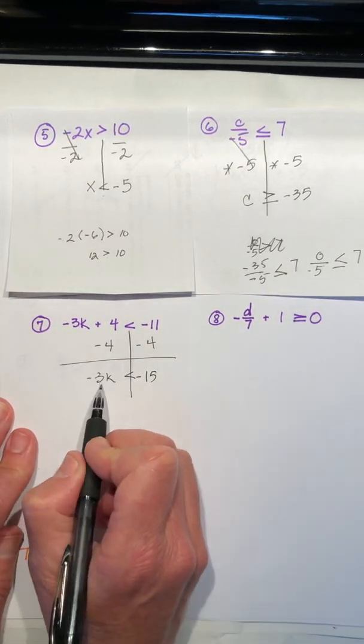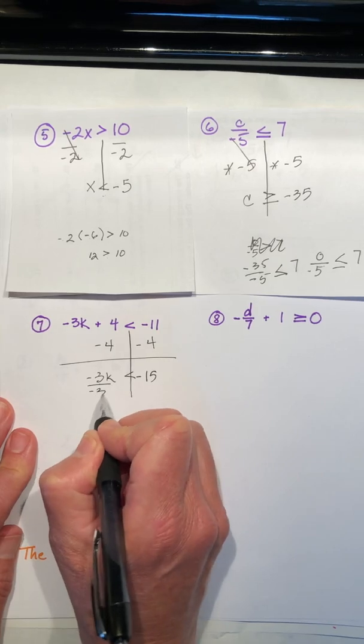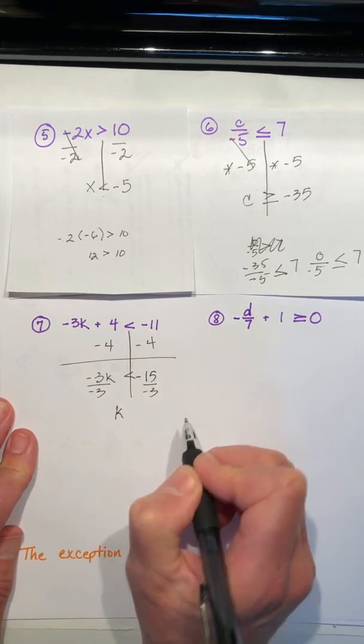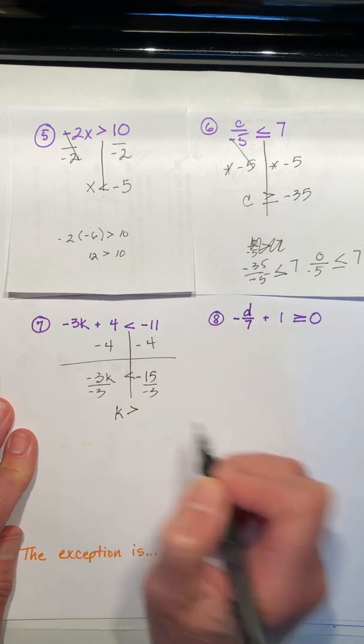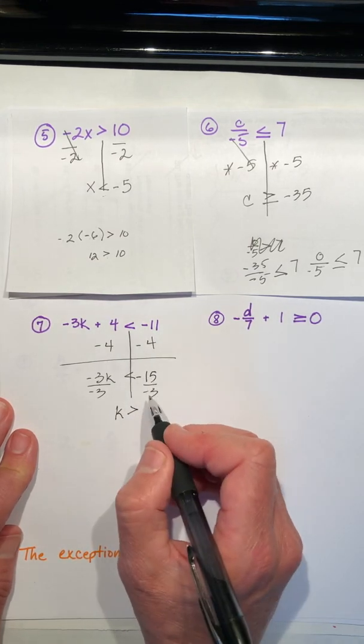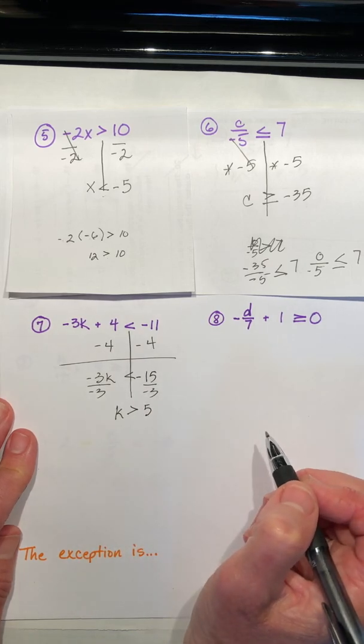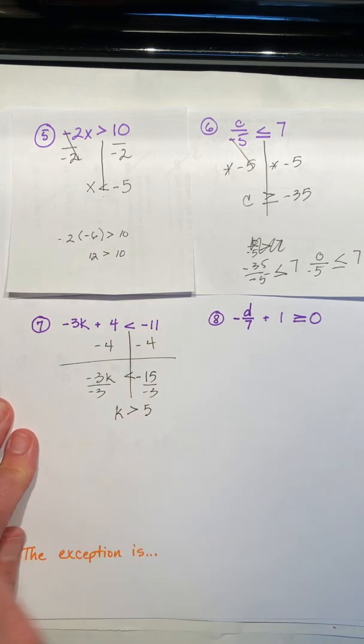Now, since I am dividing both sides by a negative, I am left with k is greater than... Negative divided by a negative is a positive. That one was tricky.